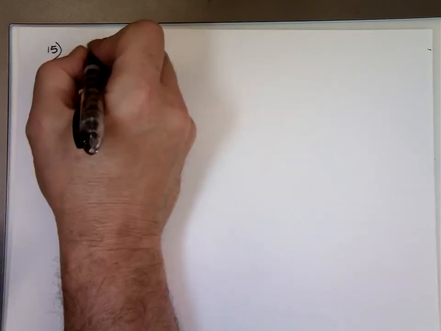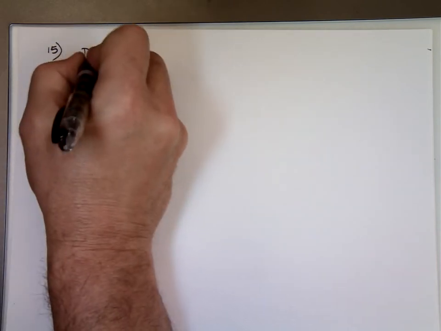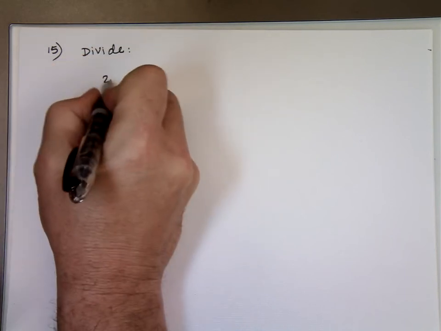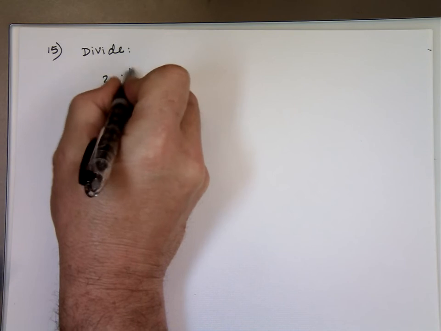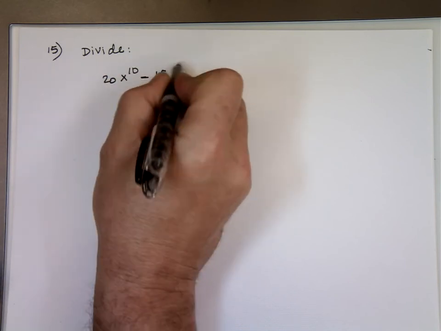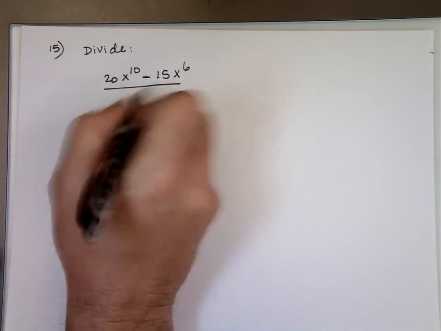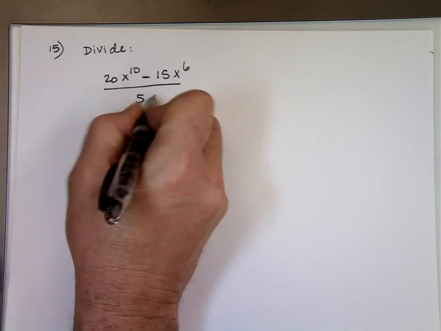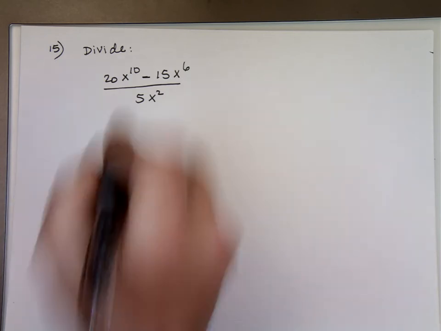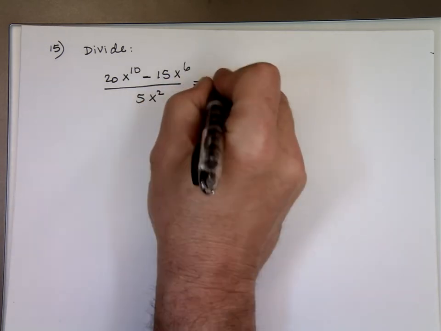Divide. Everyone likes division. 20x to the 10th minus 15x to the 6th over 5x squared. Again, I can take this and break it down to two parts.